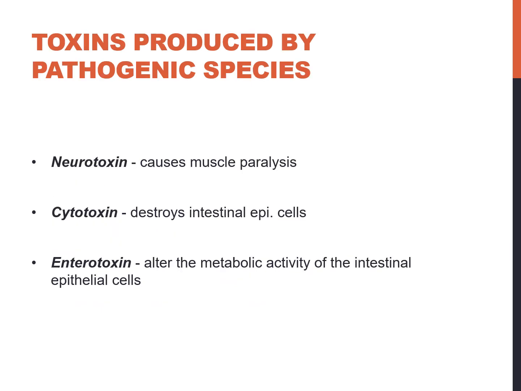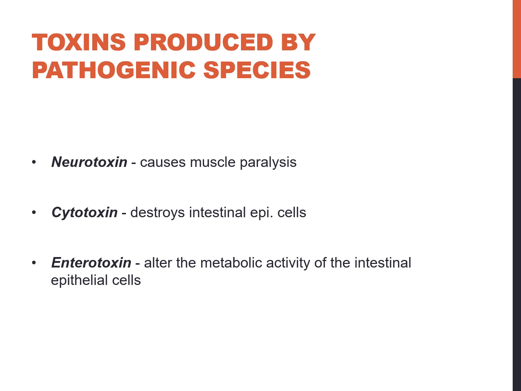Some of our pathogenic species can produce different types of toxins, and those toxins are either going to be neurotoxins, cytotoxins, or enterotoxins. A neurotoxin is a toxin that causes muscle paralysis. For example, Clostridium botulinum produces the most potent neurotoxin known to man. It's the same toxin that's used for Botox. A cytotoxin is a toxin that destroys intestinal epithelial cells.